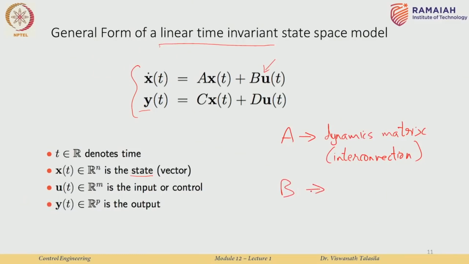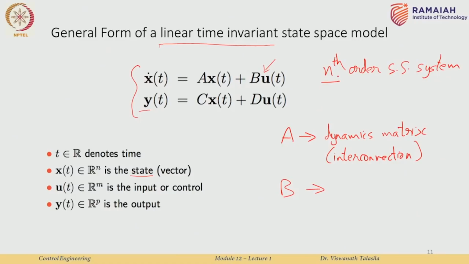Before I go ahead, please note the dimensions of the matrices are very important. So, let us say we are looking at an nth order state space system, and remember that you get an nth order state space system typically from an nth order differential equation.